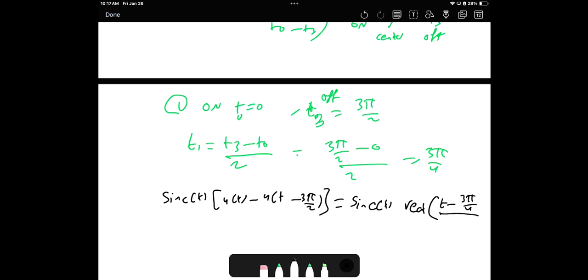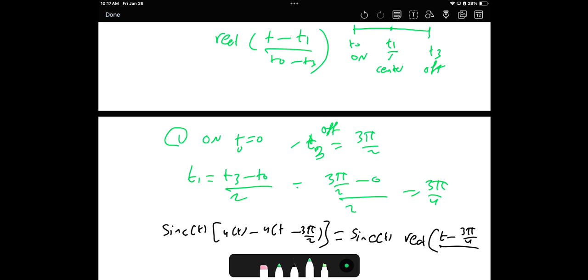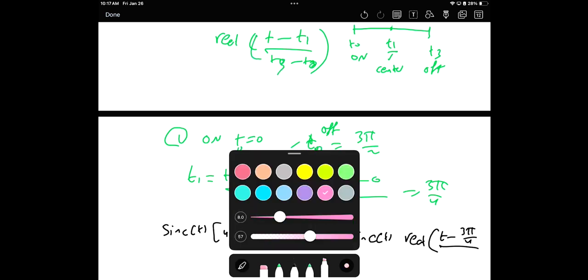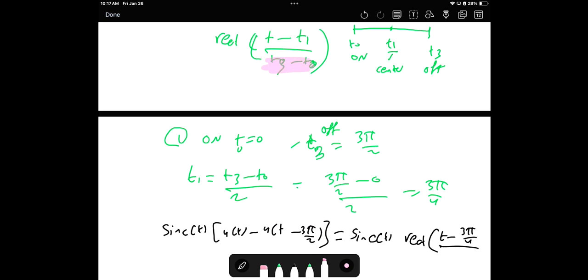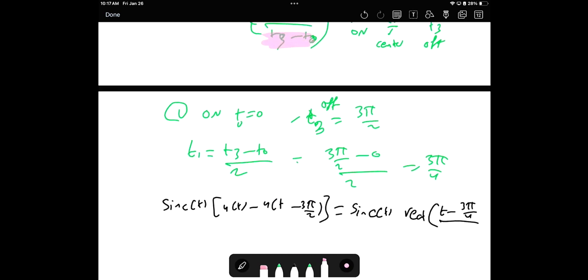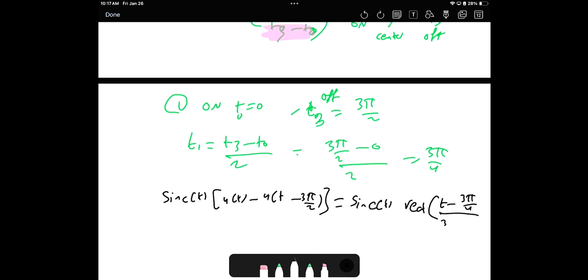Actually I missed that, let me fix this: t3 minus t0, then t3 here, which is the off time, 3 pi over 2 minus 0, which is 3 pi over 2. That's how we represent this in vectors.